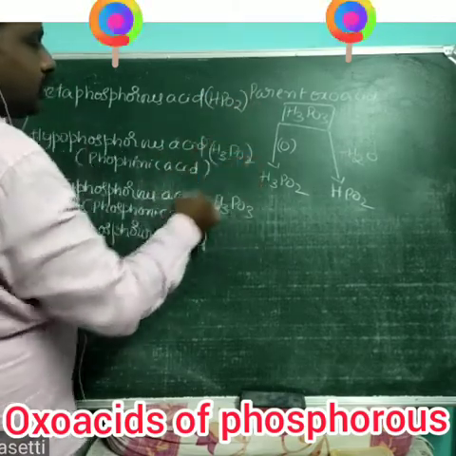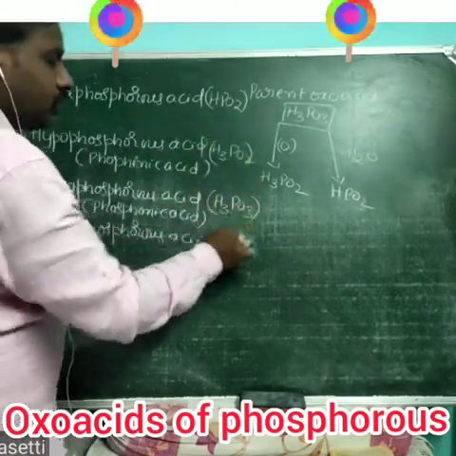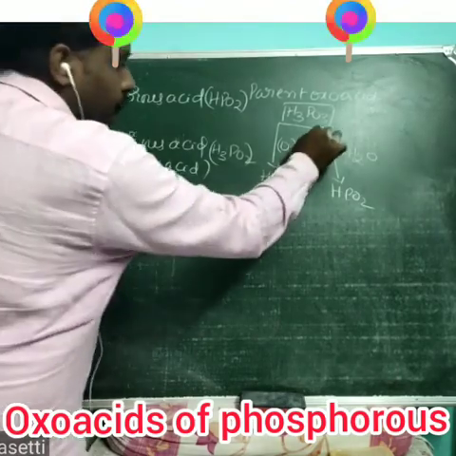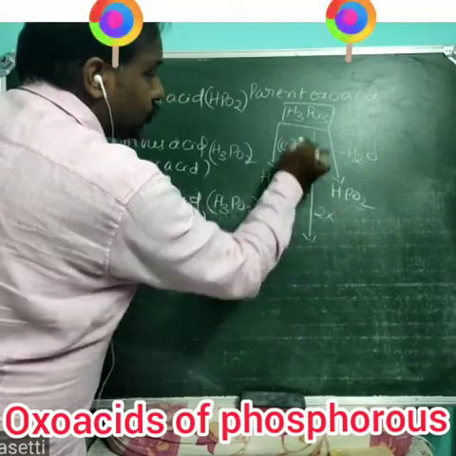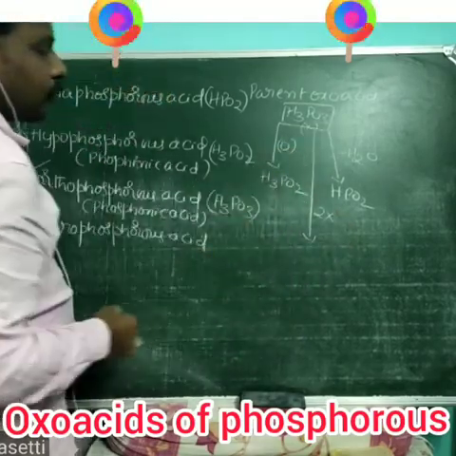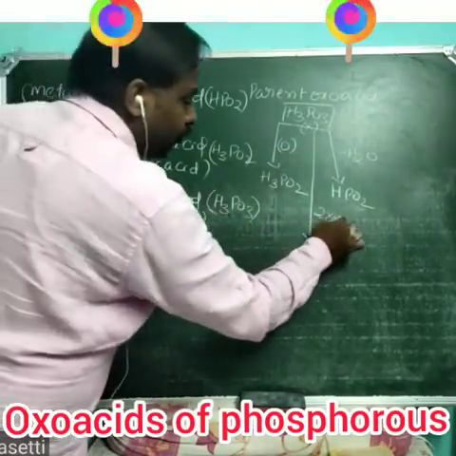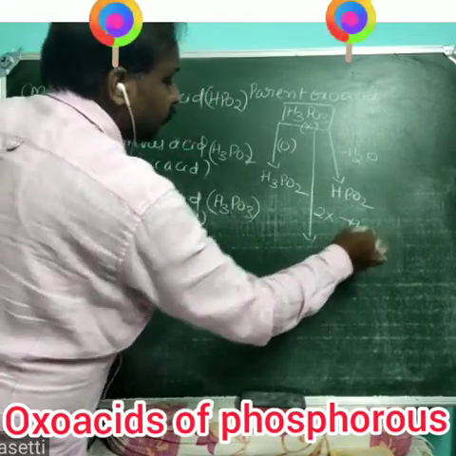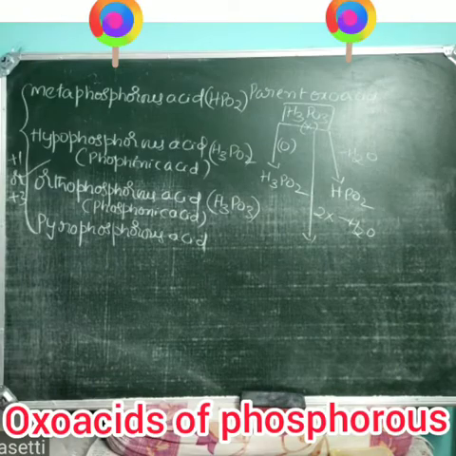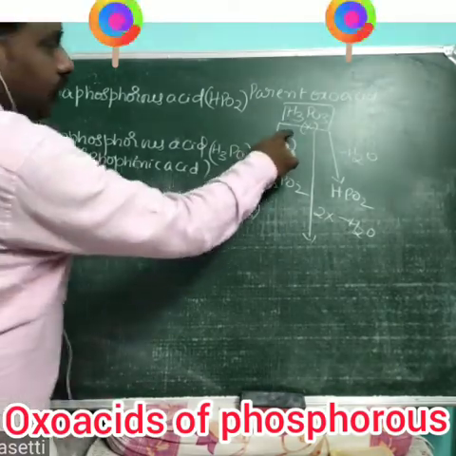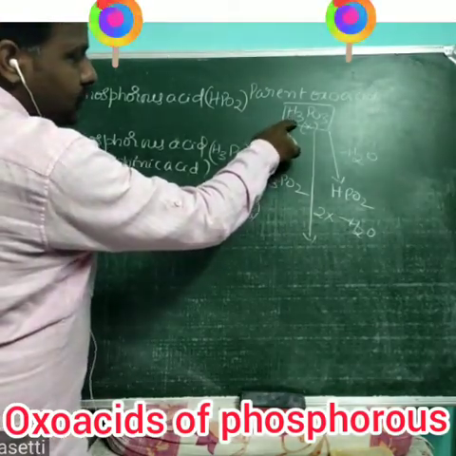This is H3PO2. This is H3PO3. From this, let us take 2 moles. From those 2 moles, remove one water molecule. Then the 2 moles give H6.